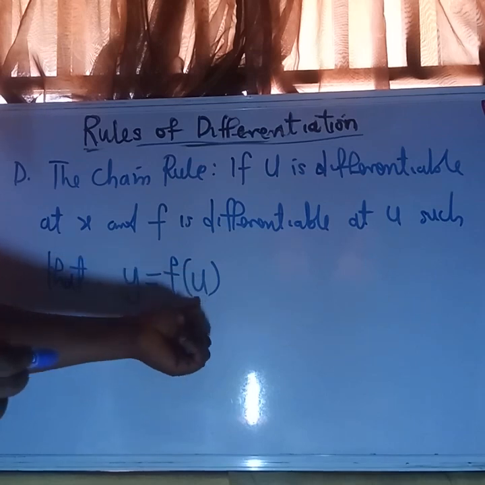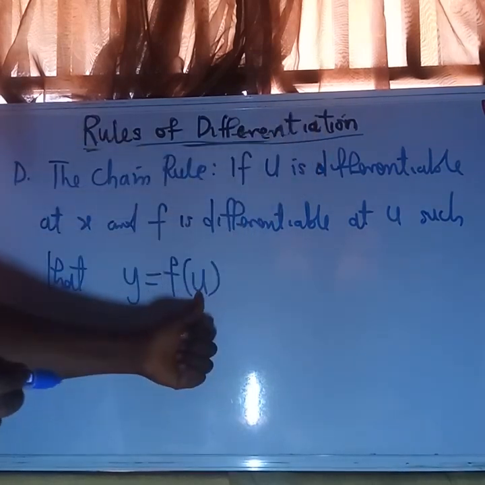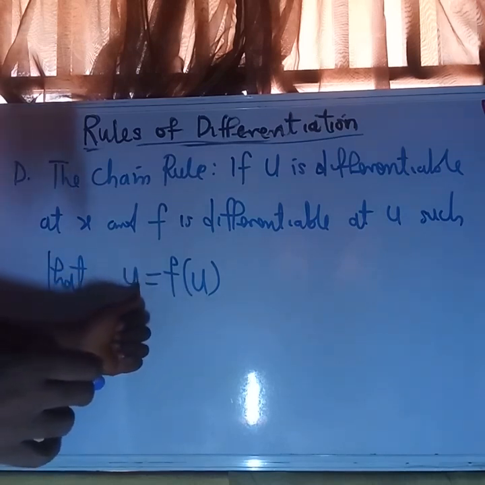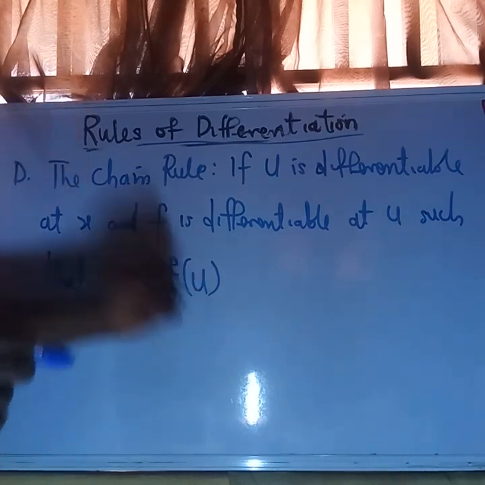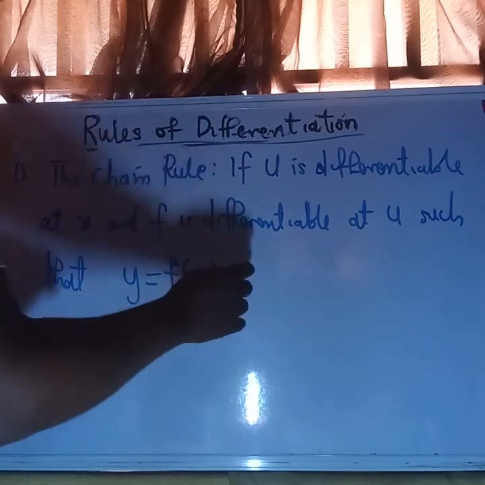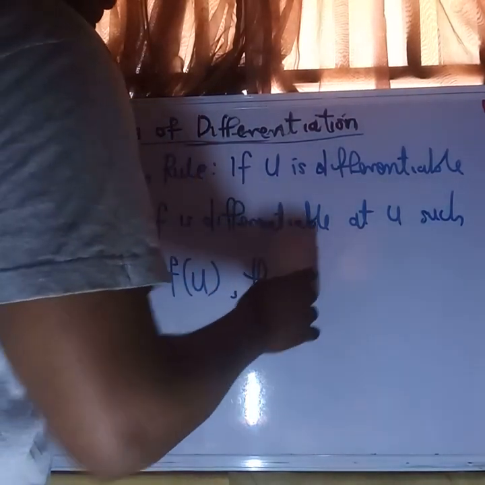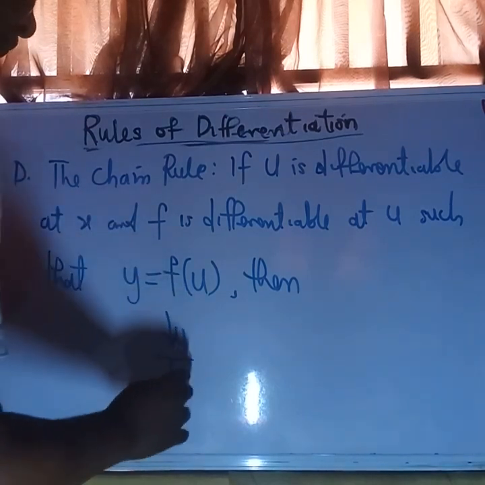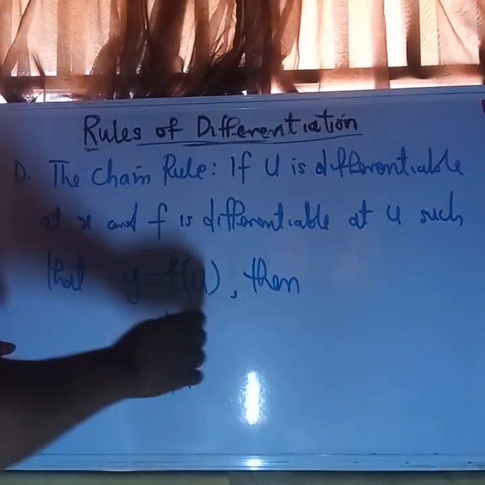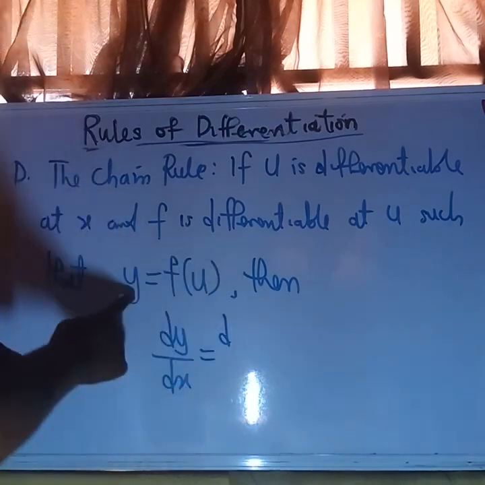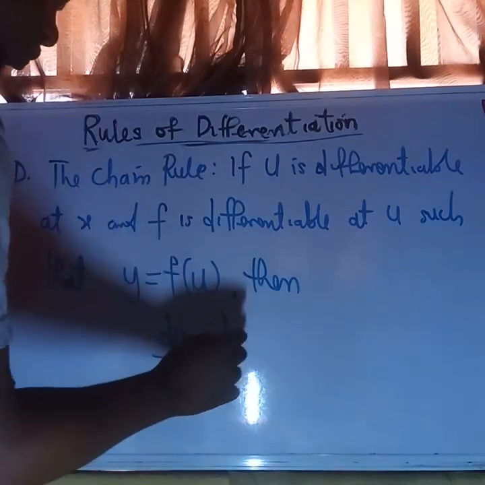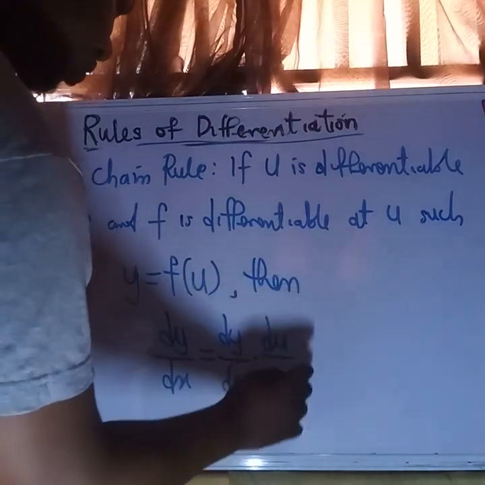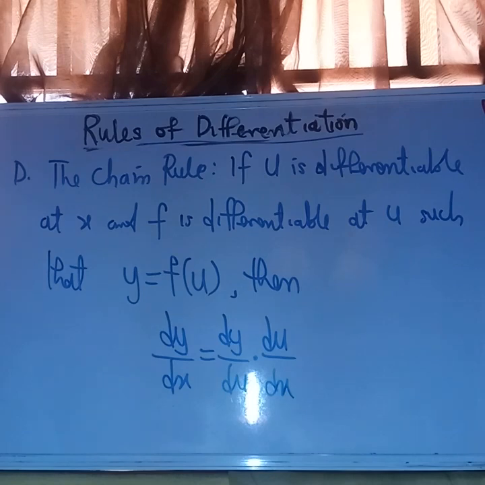By virtue of what we have above, u is dependent on x, and this function y or f is dependent on u. So if you have this, then the derivative of y with respect to x will be the derivative of y with respect to u, multiplied by the derivative of u with respect to x.